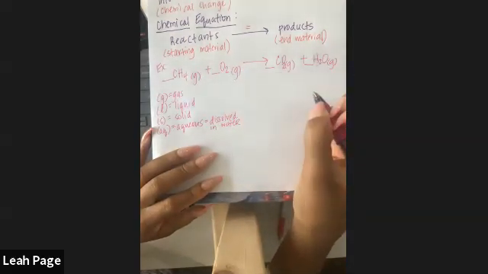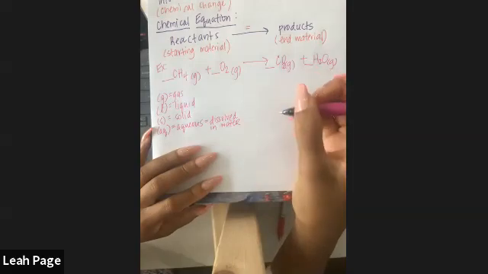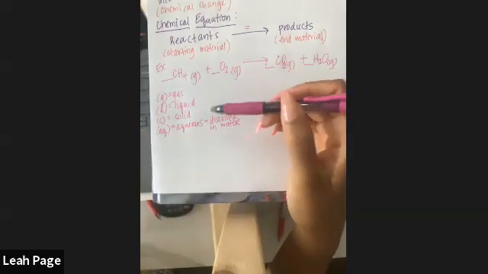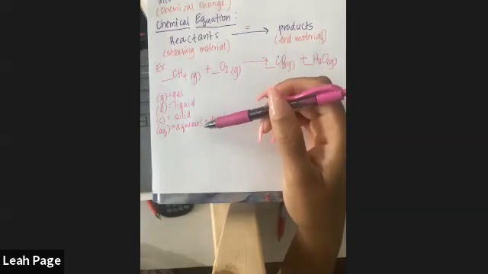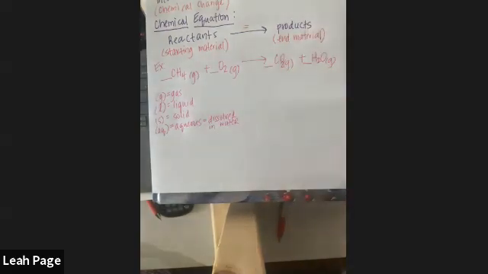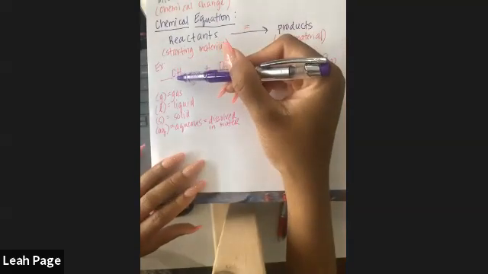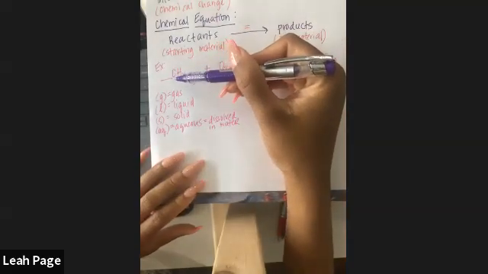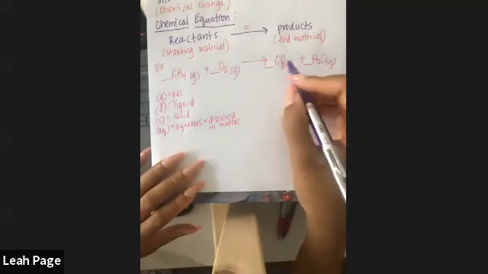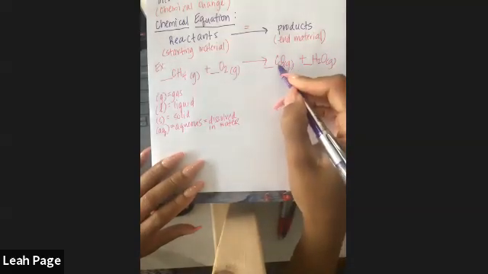And the way we figure out what our coefficients are going to be, in this class we have simple equations. We're just going to go from left to right. So meaning, if I look at carbon on the reactant side, I see that I have 1 carbon. If I look at carbon on the product side, I see that I have 1 carbon.